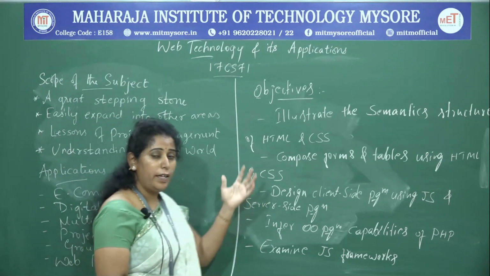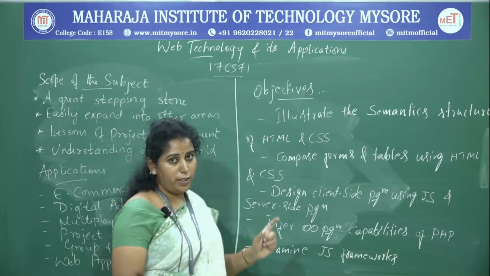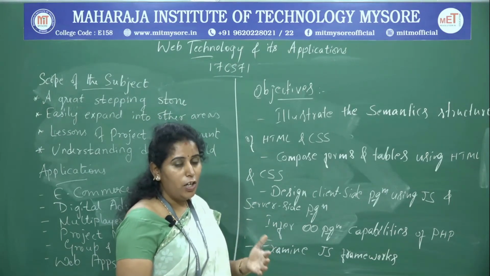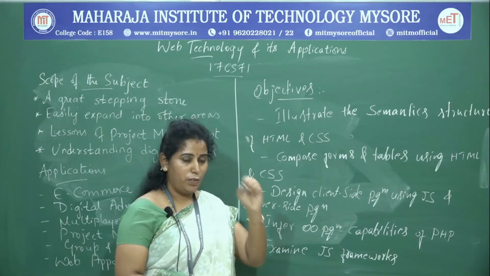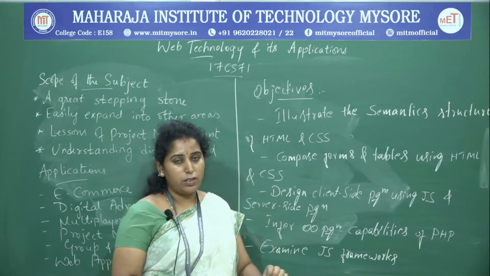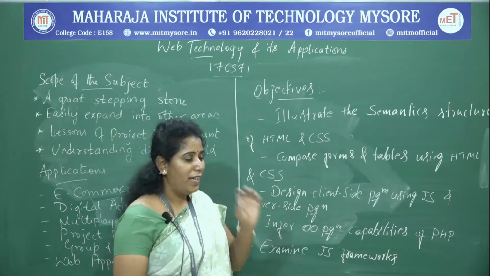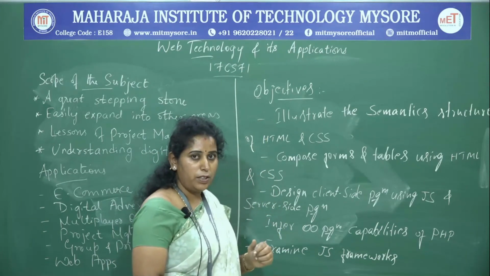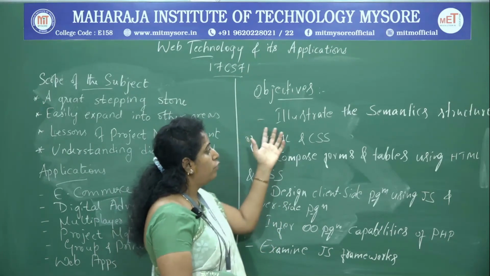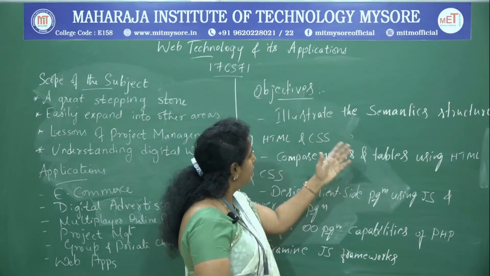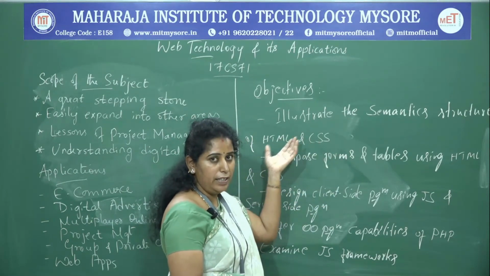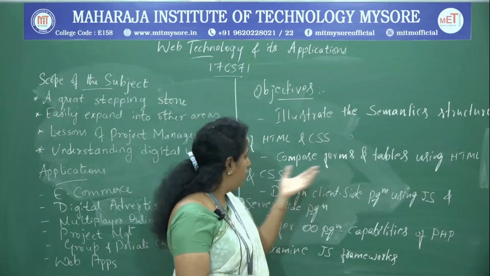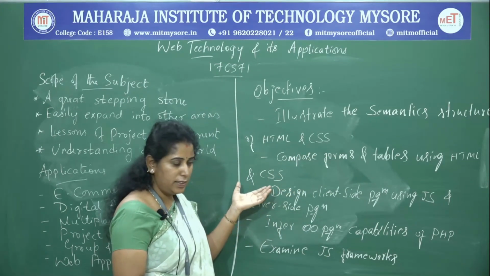Next is an important point, that is objectives. What is the objective of studying this subject? Yes, I have already given some key points for studying this subject. Let me brief them as objectives. The first objective is that students are able to illustrate the semantic structures of HTML and CSS. Second, compose forms and tables using HTML and CSS.